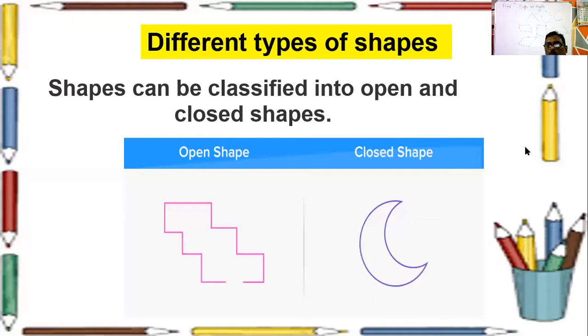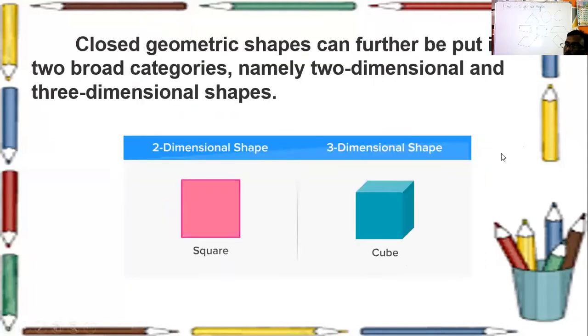Open shapes and closed shapes. Generally we deal with closed shapes only, except one or two like parabola. Closed geometrical shapes can further be put in two broad categories, namely two-dimensional and three-dimensional. As for your question, no need to write. I will tell you when it is required. Today is the introduction class. No need to write anything.